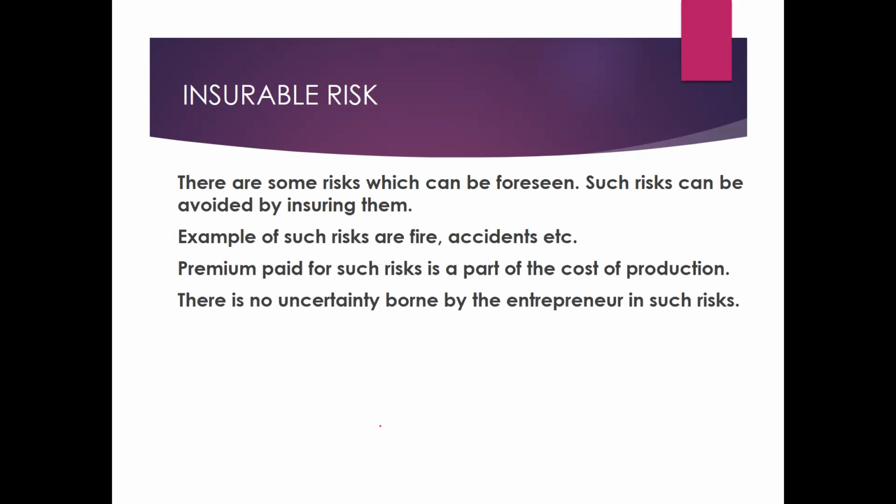Like if you're purchasing a new car and you're getting insurance, suppose this is the accident condition, so that would be borne by the insurance company. And the same thing applies to fire or such kinds of things; you can avoid them through insurance. Premium paid for such risk is a part of the cost of production. There is no uncertainty borne by the entrepreneur in such risk. That means it is entirely covered by the insurance company.